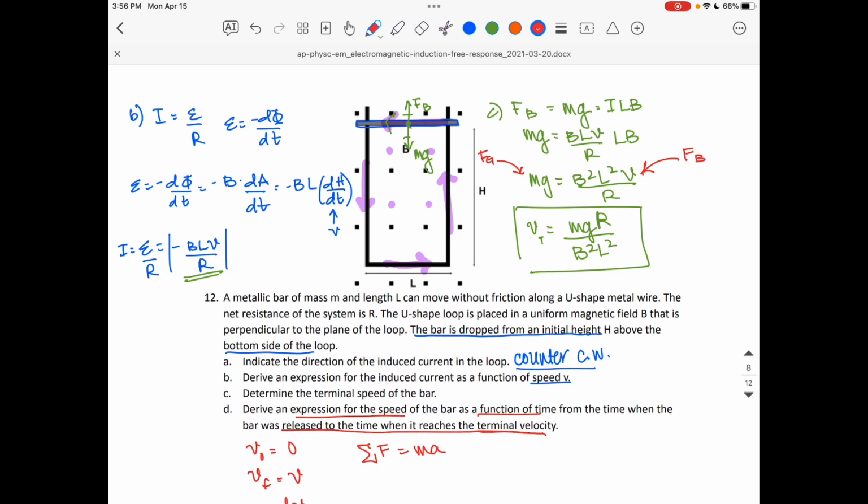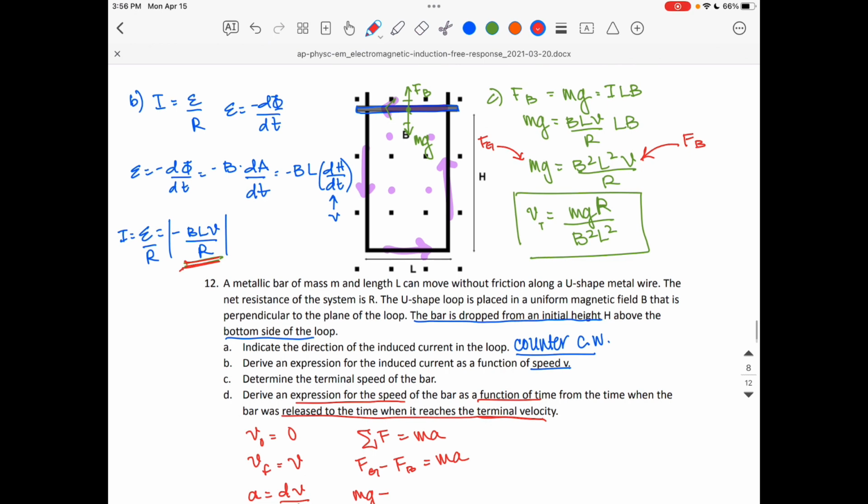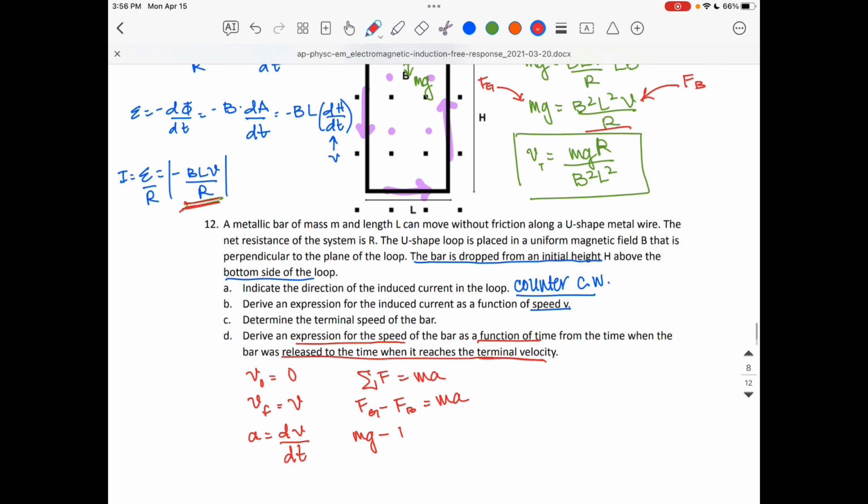Generally down would be negative, but to match the answer key, I'm going to keep my magnetic force as the negative variable, and the force of gravity is going to be my positive force. So that's going to be mg minus ILB, which, if we substitute I, gives a magnetic force of B squared L squared v over R.